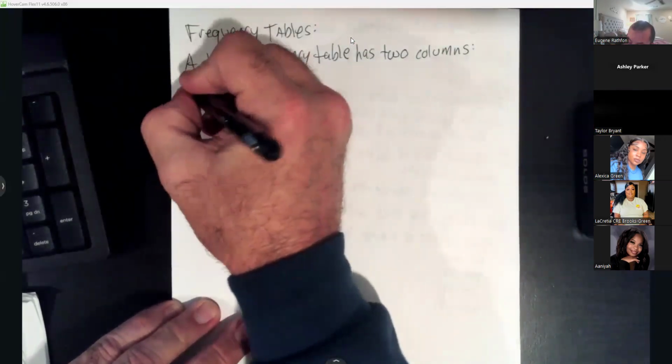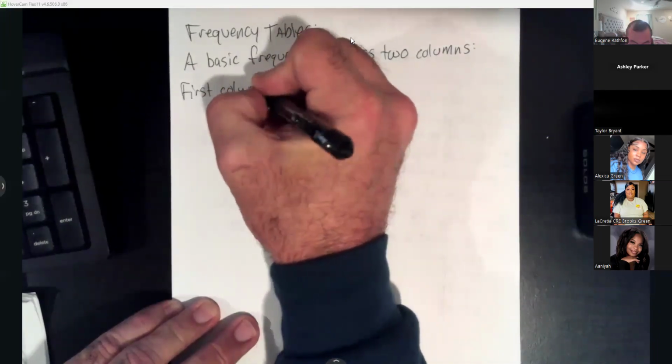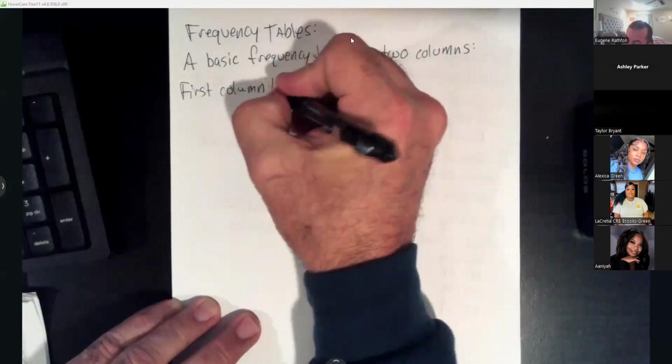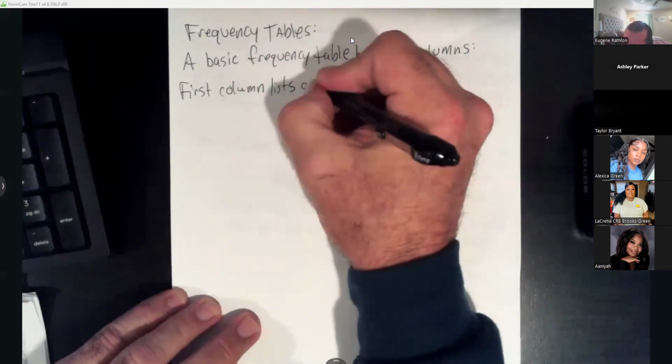So your first column lists all the categories of the data.